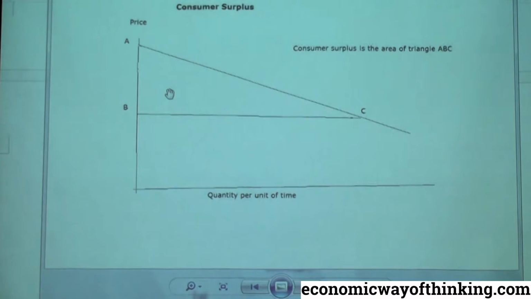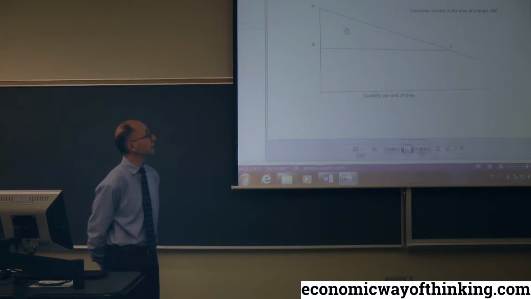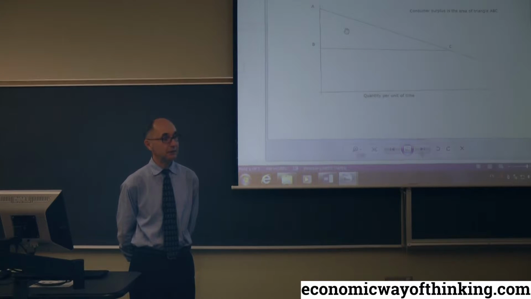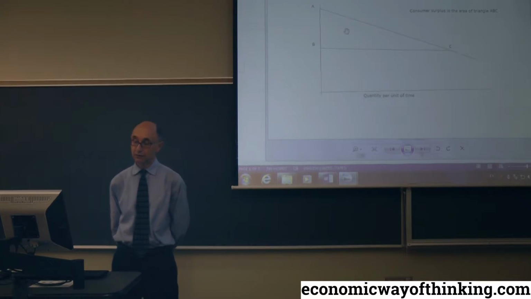So in other words, when you're buying goods on the marketplace, you're always better off because the area of ABC belongs to you. No seller can extract that additional benefit from you. So in other words, when we participate in buying something in the marketplace, we are always better off.